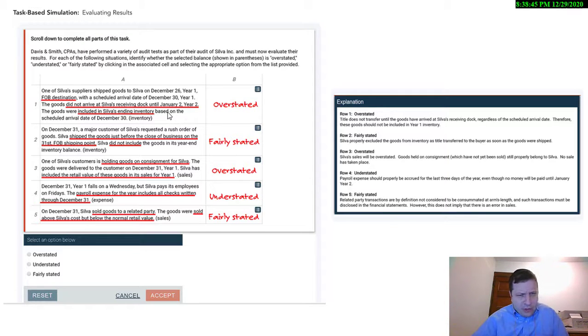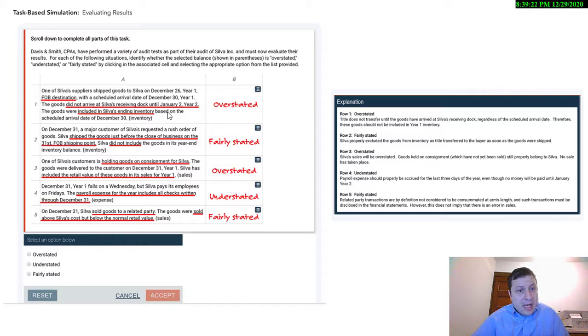Number 4. December 31st, year 1 falls on a Wednesday. Silva pays its employees on Fridays. That's when they cut the checks. The payroll expense for the year includes all checks written through December 31st. So all the checks were written the Friday before December 31st. But Monday, Tuesday, and Wednesday of that next week, they didn't have checks written yet.